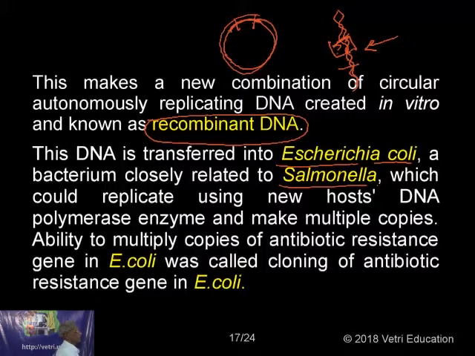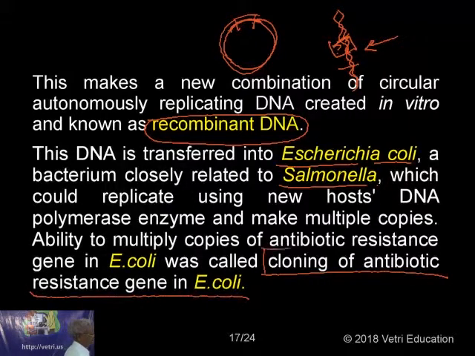The ability to multiply copies of the antibiotic resistance gene in E. coli was called cloning of the antibiotic resistance gene in E. coli. Cloning of the antibiotic resistance gene in E. coli was made possible because, first, what do you do here? You identify a gene.